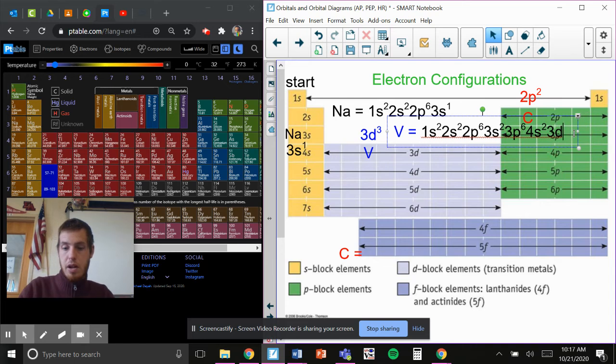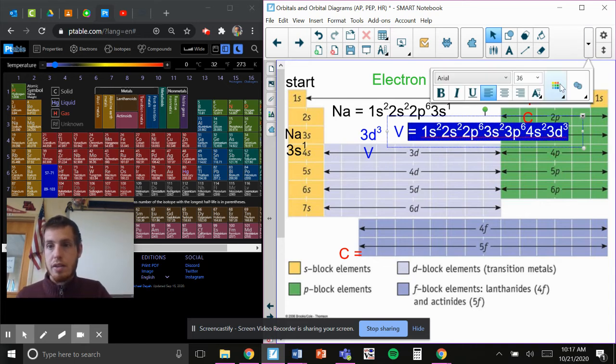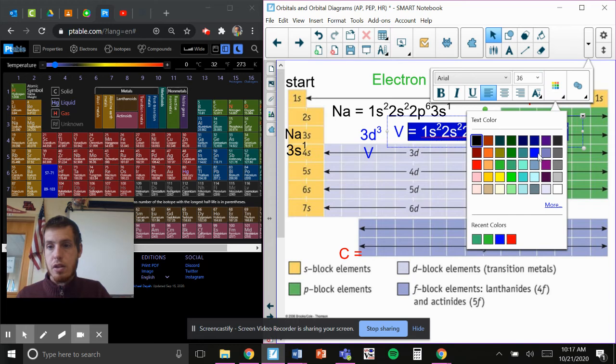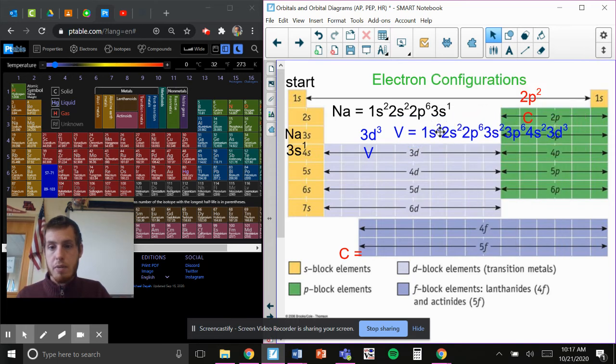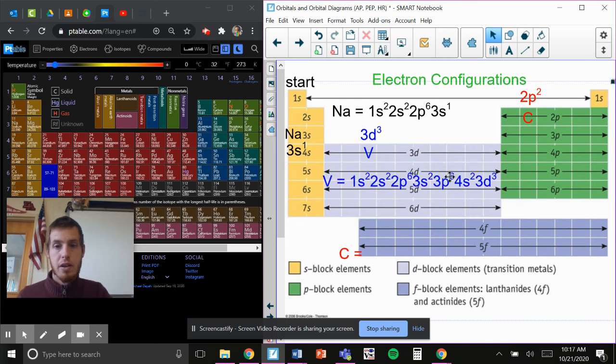I'm going to apologize for my handwriting on that. That's the electron configuration for vanadium. Sorry if it's a little hard to see.